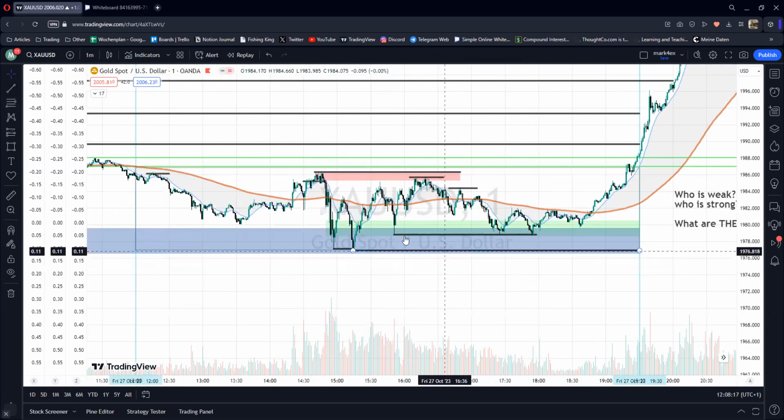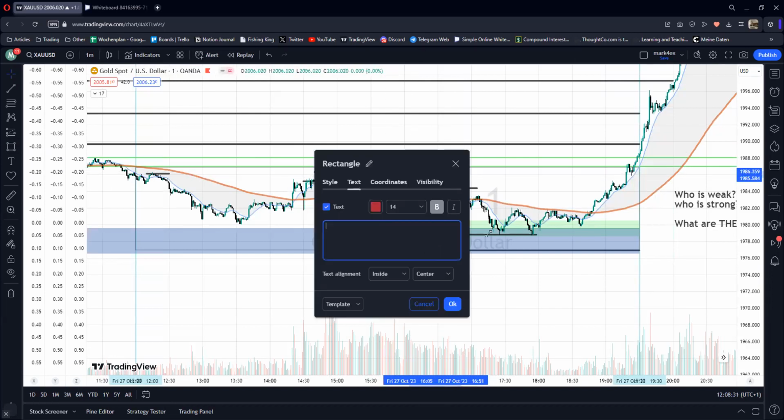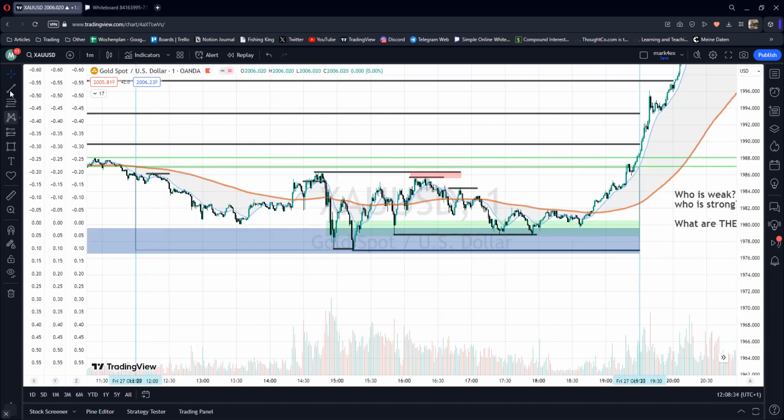Like for example, this bottom edge here, this was funny because price came up, it failed to take out this high here, right? They induced liquidity here because now there is a kind of vacuum of liquidity here, paycheck, right? And why did this here not go above this here?